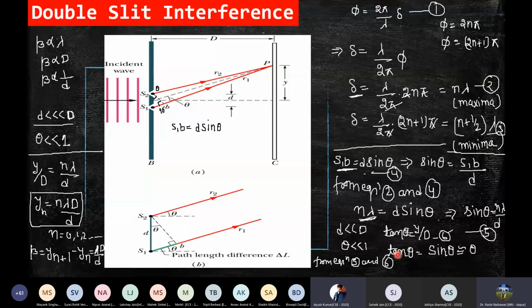Yes ma'am, you are absolutely right. I'm not denying it, it can be possible. Because, as I told you initially, we are assuming these conditions, and only then can we solve and find such formulas and the fringe width as well. I think you have noted it down by now, right?